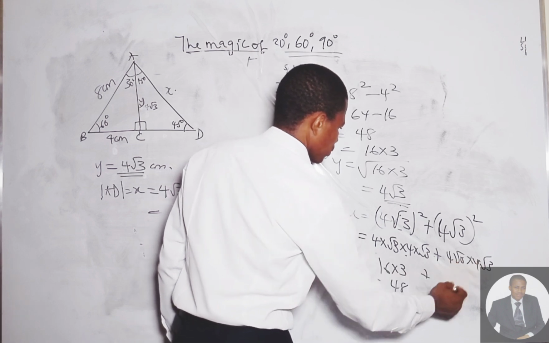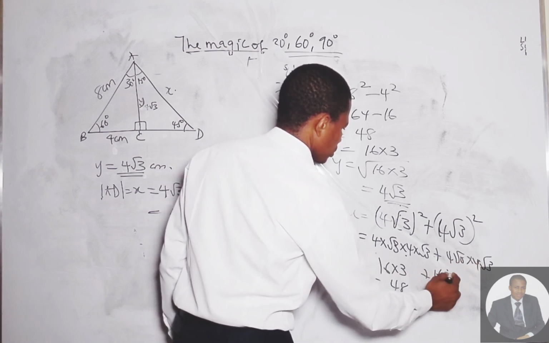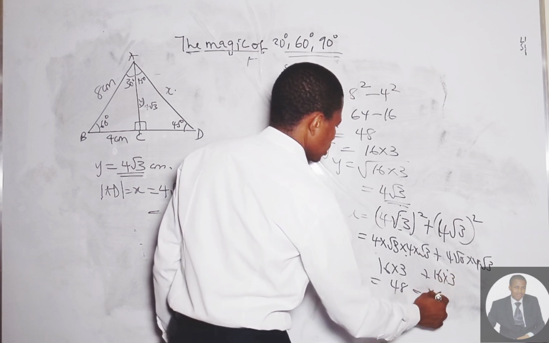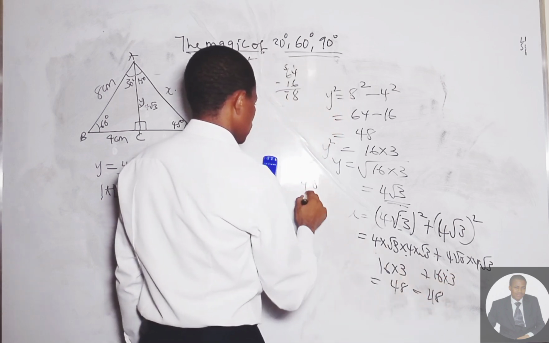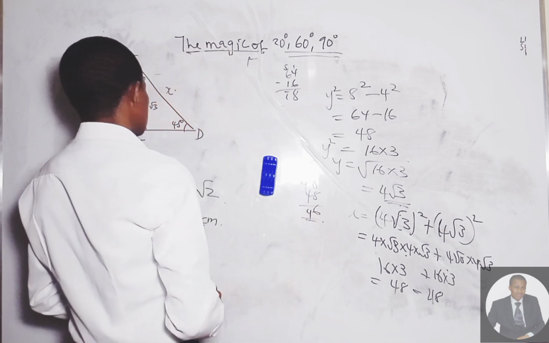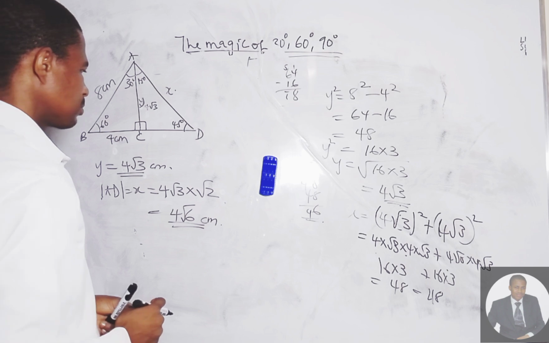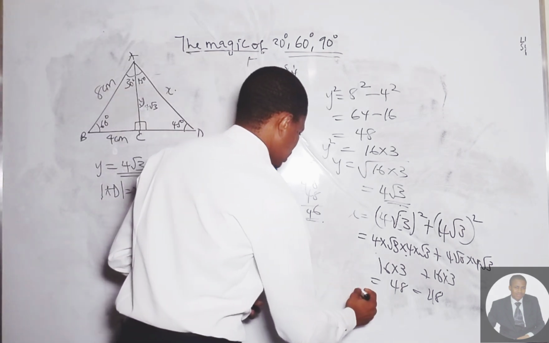Plus 4 times 4 is 16 times 3, that's 48. 48 plus 48 is 96.